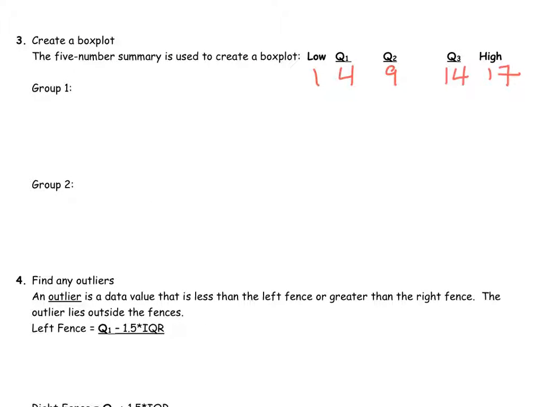So we're now to the part where we're going to create a box plot. I wrote the 5-number summary that we found in part 1 of this video. And you can see there's the 5 numbers. We're going to use these when we draw our box plot.